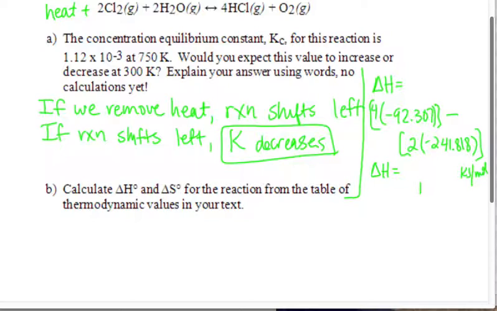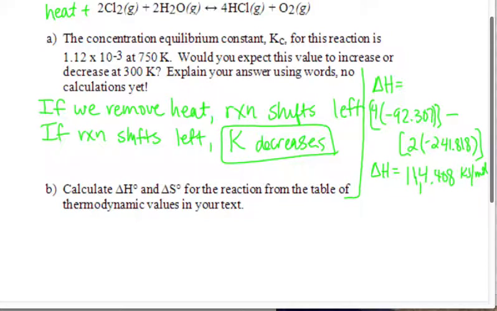Anybody? 114 point what? I'm hearing a lot of other things. Did more than one person get .408? All right. So 114.408.